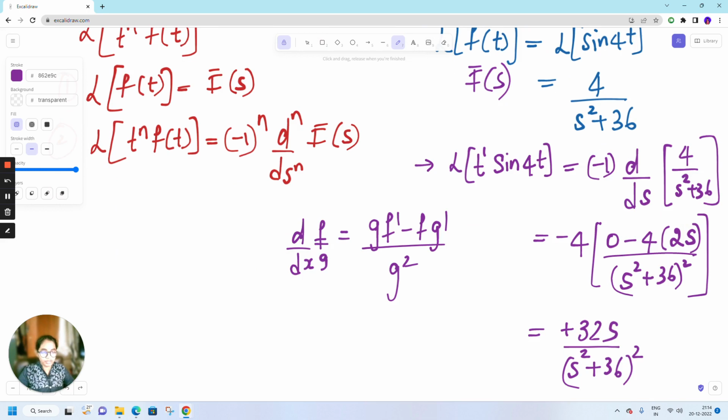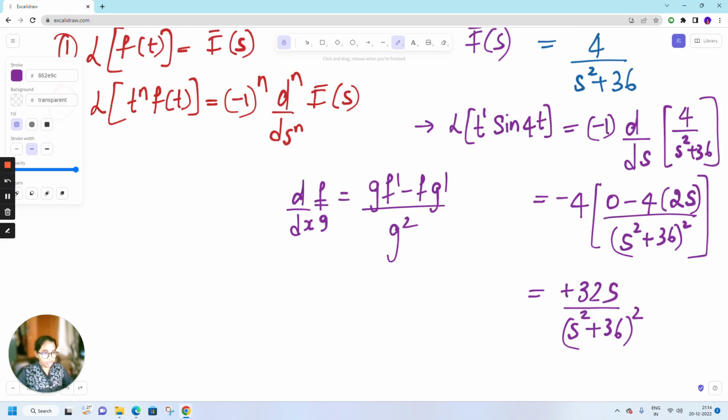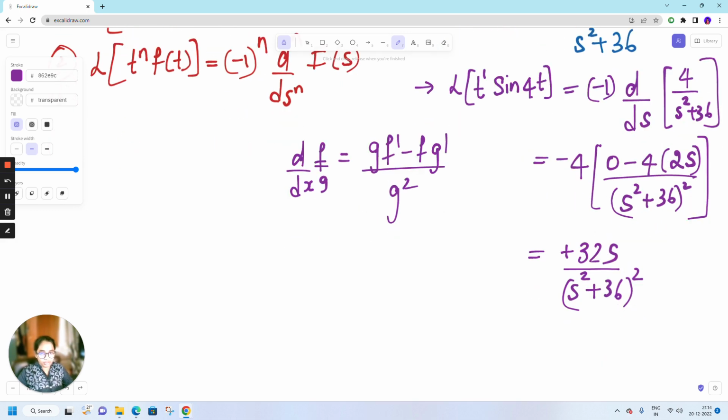What is Laplace of t into sine 4t, now using the formula? That would be minus 1 d by ds of 4 divided by s square plus 36. Now we are applying the quotient rule. What is the quotient rule? Differentiation of f divided by g is equal to g f dash minus f g dash over g square, that is, keep the denominator, differentiate the numerator.